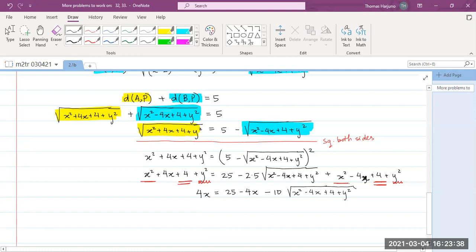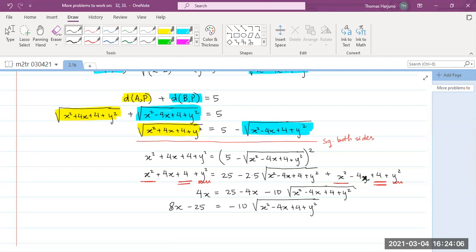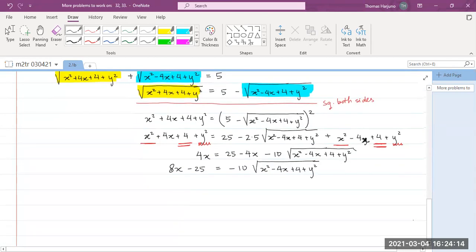Which, if I move the terms to the left-hand side, I will get 8x minus 25 equals to negative 10 square root of x squared minus 4x plus 4 plus y squared. Okay, so I subtract by 25 and I add 4x. You can divide by negative 10 if you like. But it's multiplication, negative 10 times square root something, right? So I will just go ahead squaring both sides right away.